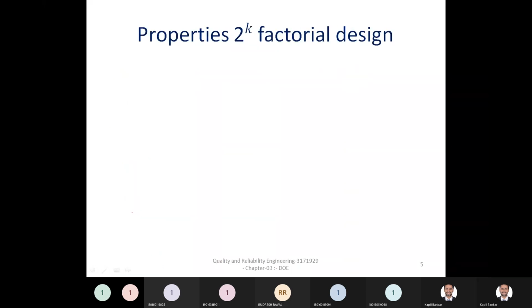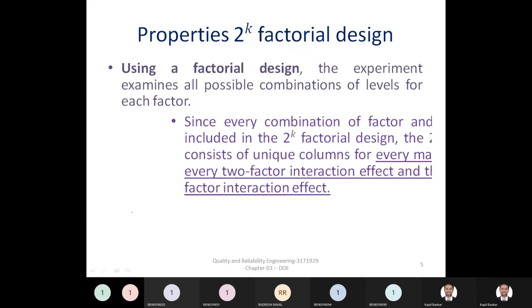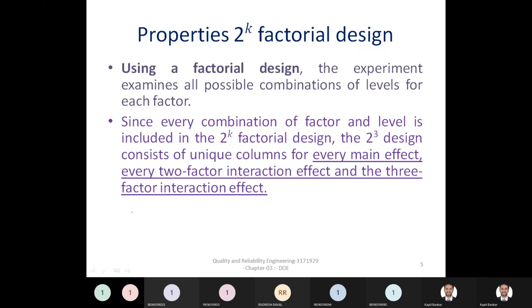Now, in today's lecture, we will consider some more detail about 2^k factorial design. Using the factorial design, the experiment examines all possible combinations of levels for each factor. And we know that the combination of factors and levels is included in the series of 2^k factorial design.